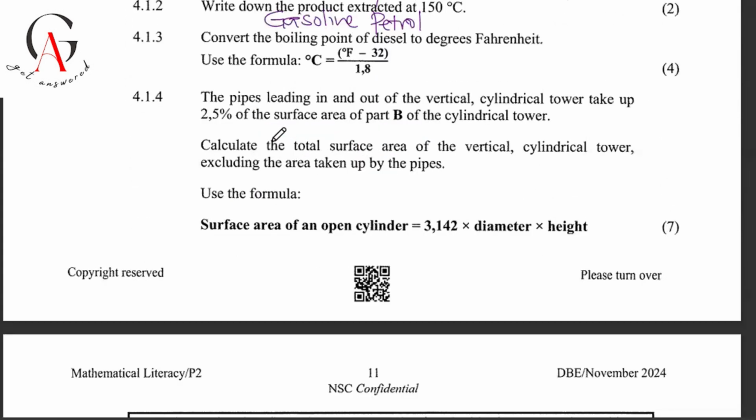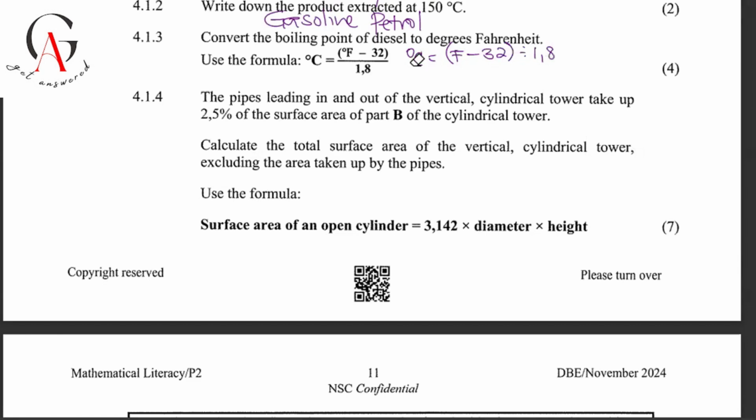Convert the boiling point of diesel to degrees Fahrenheit. This was a little bit tricky for some people, but others it's fine. First and foremost, we need to make this understandable. Actually, you can also say C equals F minus 32, divided by 1.8.